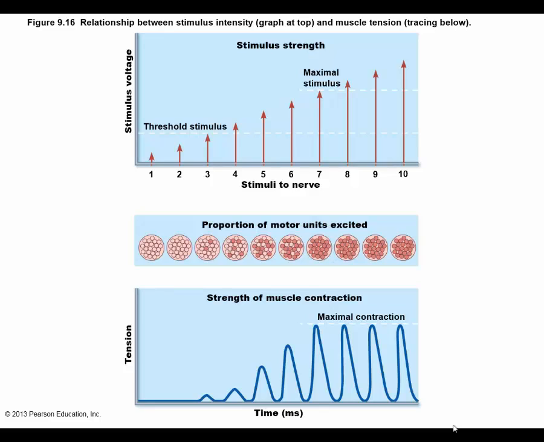It doesn't matter if I increase the stimulus after that. Are there any other muscle fibers to recruit? No, not at all. And so this is what's known as your maximal contraction. It's like, I can only lift 100 pounds. This is it. It doesn't matter if you keep shocking or probing your muscles with electricity. Your muscles can't respond anymore. They've activated every muscle fiber that's there. It's your maximal contraction.